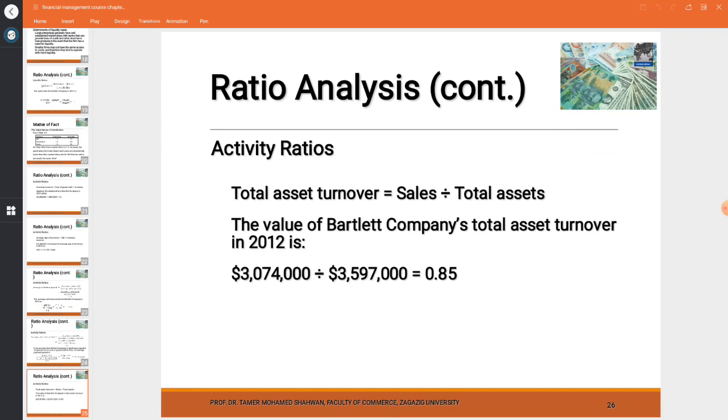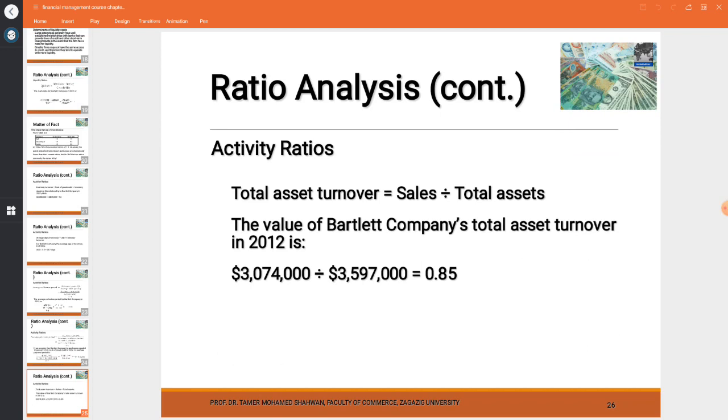Another and final ratio that could be used for assessing the efficiency of using your resources is what we call total asset turnover. Total asset turnover equals sales divided by total assets.